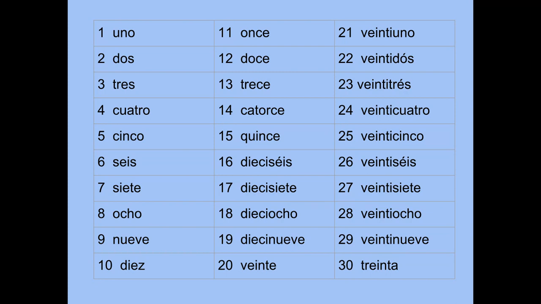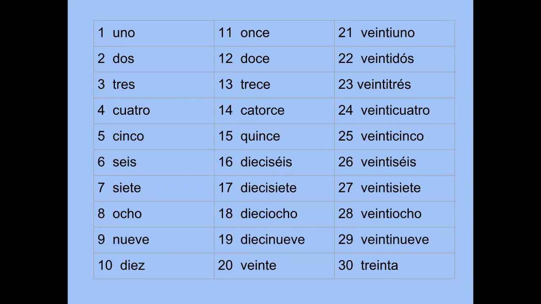Uno, dos, tres, cuatro, cinco, 6, 7, 8, 9, 10, 11, 12, 13, 14, 15, 16, 17, 18, 19, 20, 21, 22, 23, 24, 25, 26, 27, 28, 29, 30.